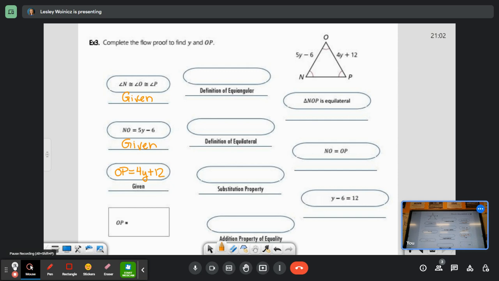Excuse me. All right, next. We are allowed to say that triangle NOP is equiangular because of the definition of equiangular. If all of the angles are congruent, we know it's equiangular.